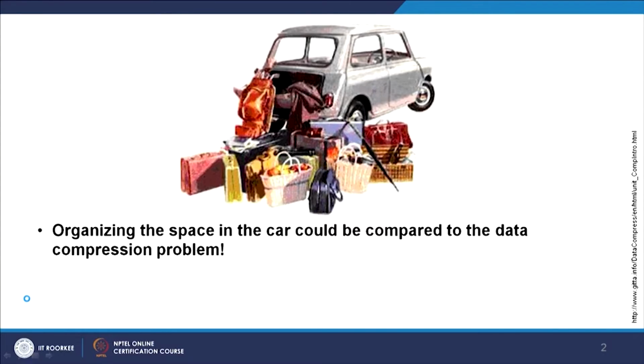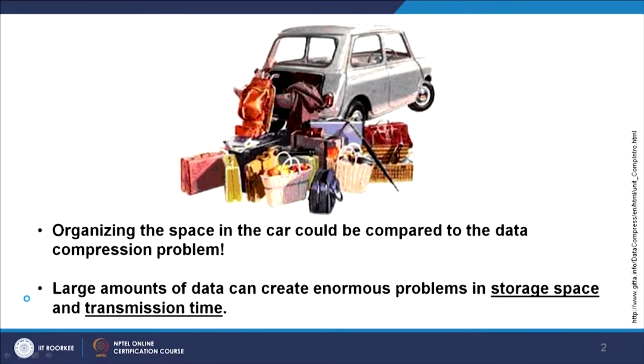Like in a small car, so many goods are planned to be kept, which means things would be compressed there. Data compression is the same problem as with the small car, where a lot of goods or stuff are there.